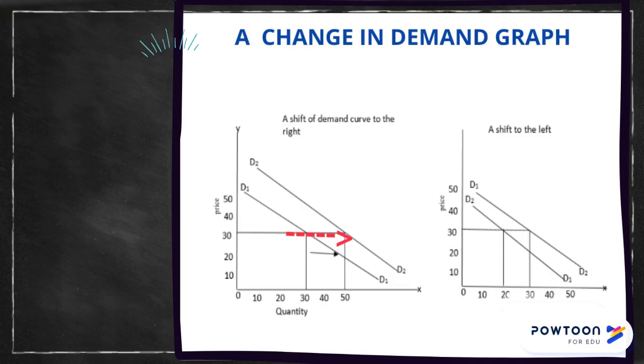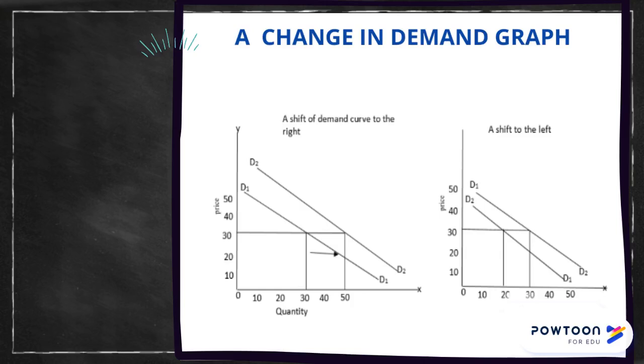For example, at price 30 kobo per unit, 50 units are now bought, compared with the 30 units that were bought before the change in demand.